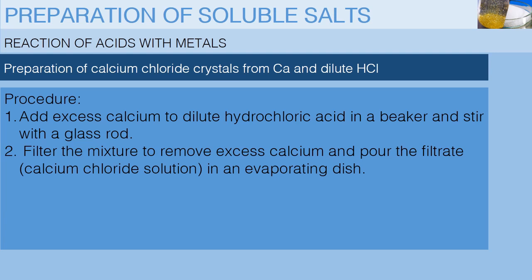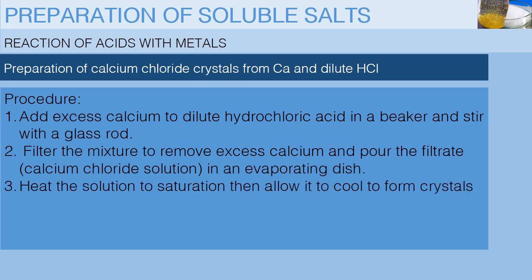Secondly, you filter the mixture to remove excess calcium and pour the filtrate, which is calcium chloride solution, into an evaporating dish. Then you heat the solution to saturation, then allow it to cool to form crystals.